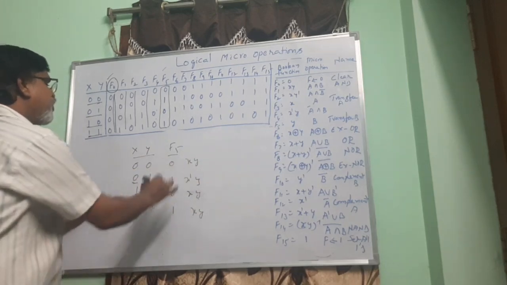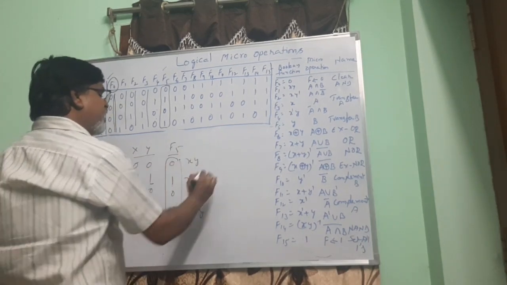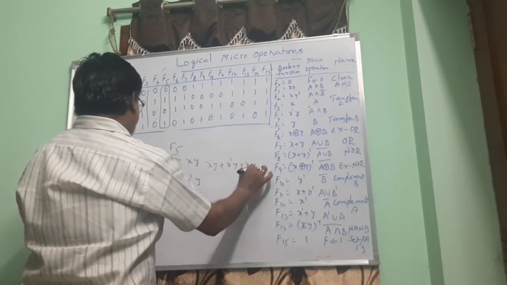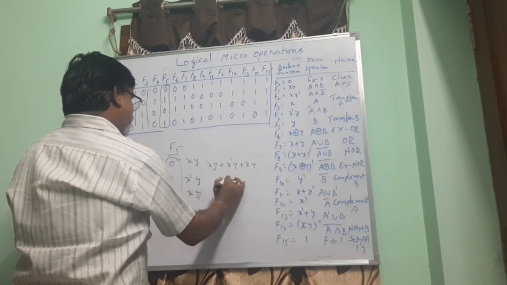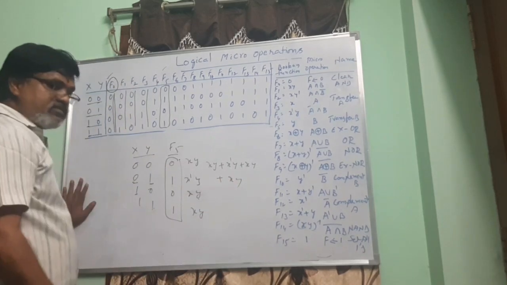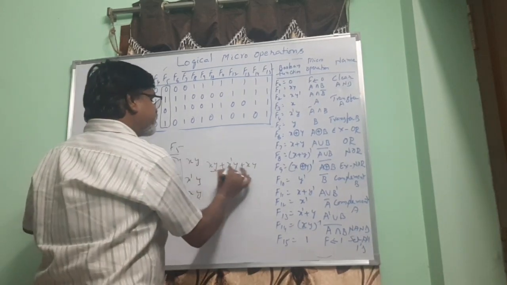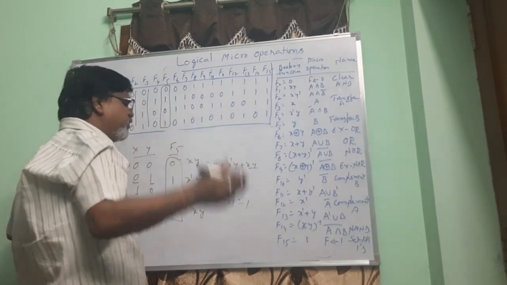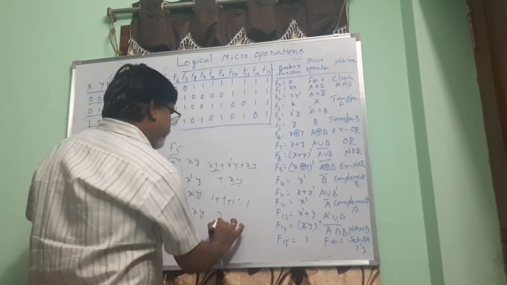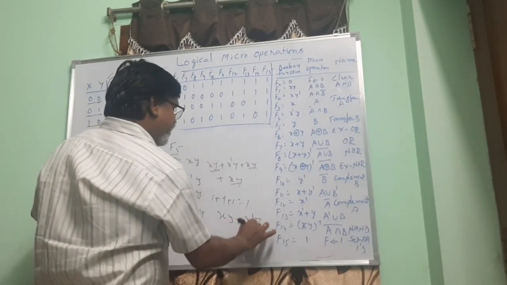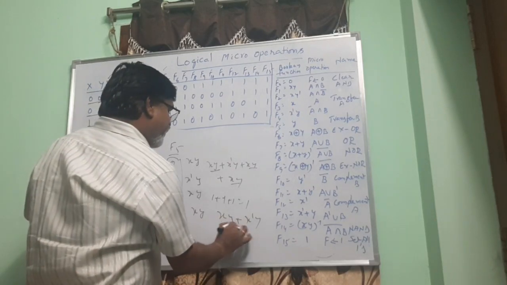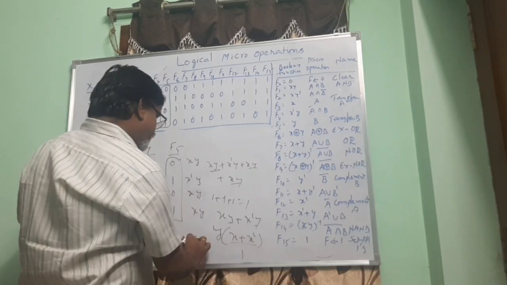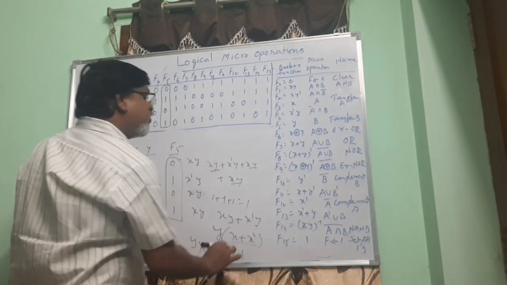We can write this as xy plus x bar y plus xy plus xy, and 1 plus 1 plus 1 is equal to 1. Simplifying, maybe using Karnaugh maps, this can be written as xy plus x bar y. y can be taken common: y into x plus x bar, which is 1. So y into 1 is equal to y.